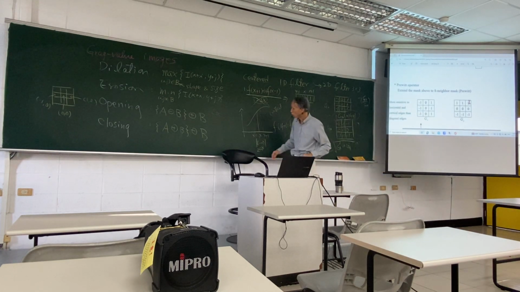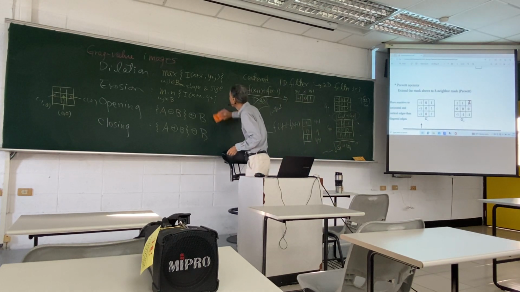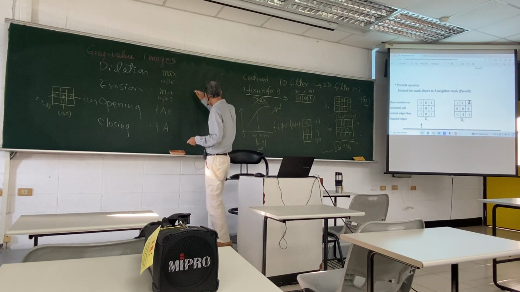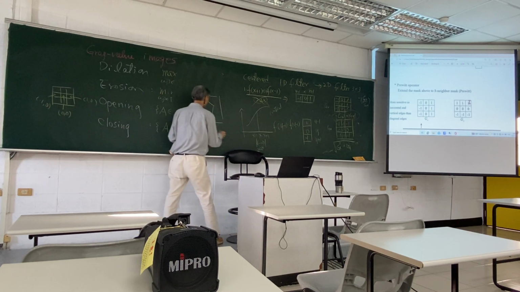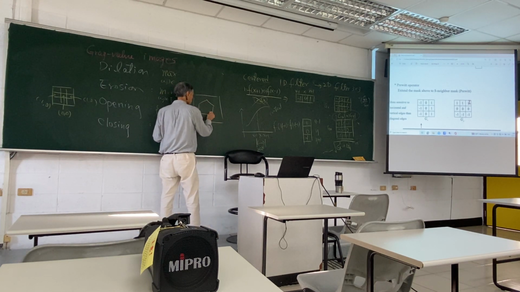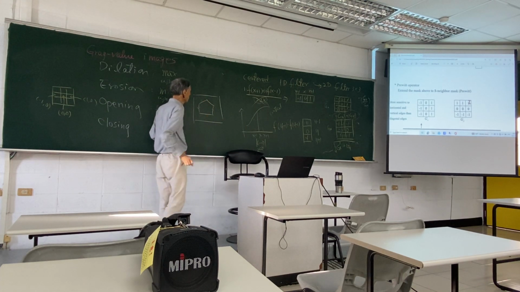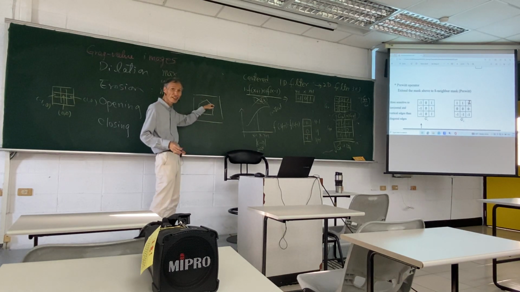So if we have an object like this, the response for the horizontal and vertical will be larger compared with the diagonal line here.